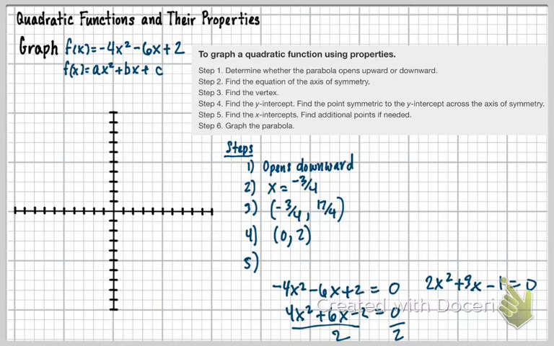So now, can I factor that? That's what I'm going to try to do now. So this is going to be a 2x, that's going to be an x. And then what could I do to get a positive 3 there? And this is a -1 here. Now those would have to be 1s there, and 1 would have to be a plus and 1 would have to be a minus because this is a -1. So if I make this a +1 and that a -1, that's going to be -2x here.